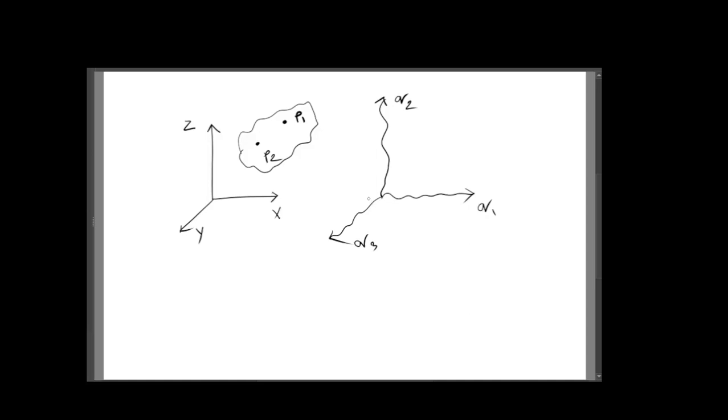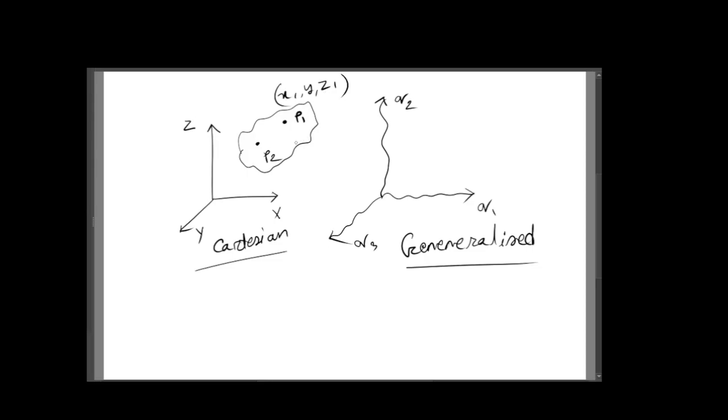Now let us consider two free particles existing in two coordinate systems at the same time, one Cartesian and one generalized. Let's consider the position of particle P1 in Cartesian coordinates is x1, y1, z1 and the position of particle P2 has components x2, y2 and z2.